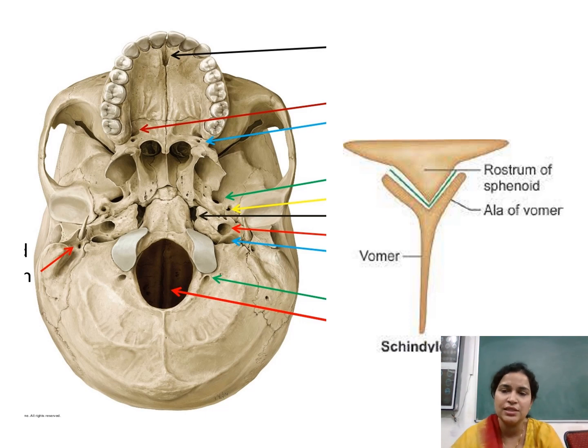So this is the schindylesis, the wedge and groove type of joint.